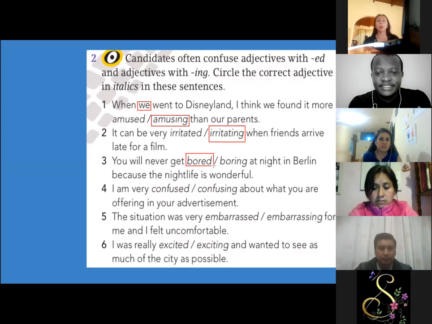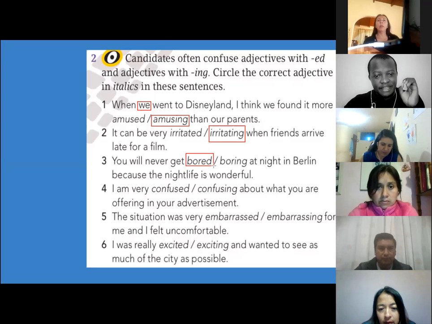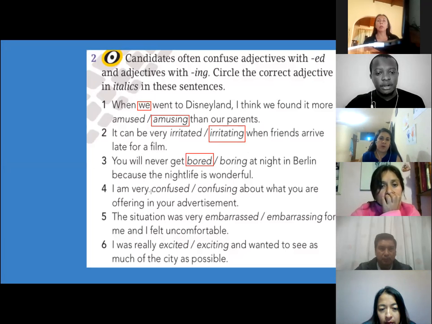Why? Are we describing the feeling or the cause? We are describing the feeling when you are in Berlin. Why can't you get bored? Because nightlife is wonderful.